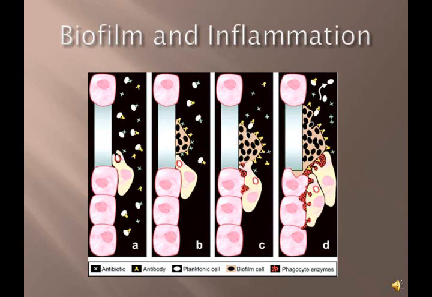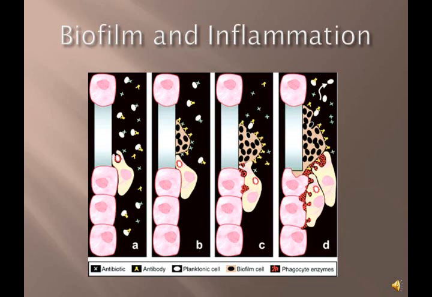So from about 2000 to 2005, 2006, we were fixed in a planktonic paradigm. We thought that bacteria would get into the host, would upregulate its virulence factors, would upregulate its proteases, kill host cells, digest those host cells, use those as nutrients, and then continue the infection. That's what we think of when we think of a bacterial infection.